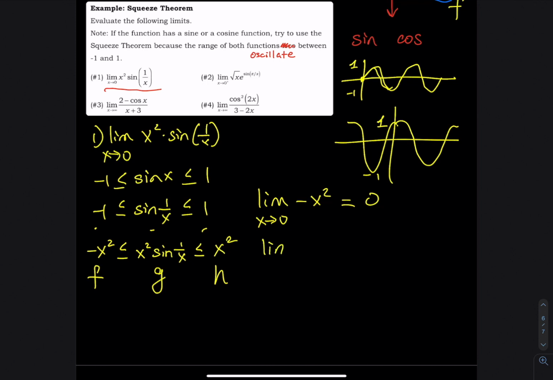If you look at the limit of h, that is x squared, that is just equal to 0. So this is a 0, this is a 0. What kind of number is sandwiched between a 0 and a 0? The answer is 0. That means function g is just a 0.